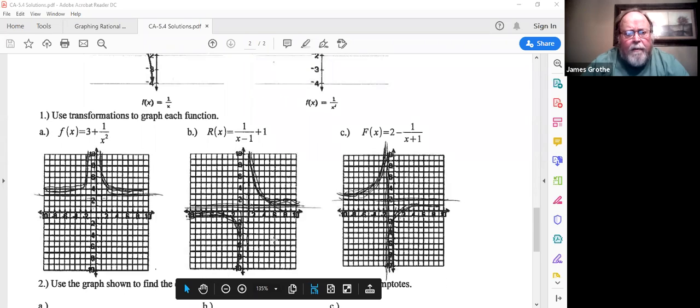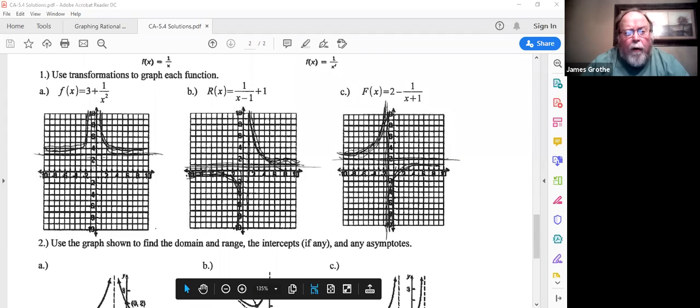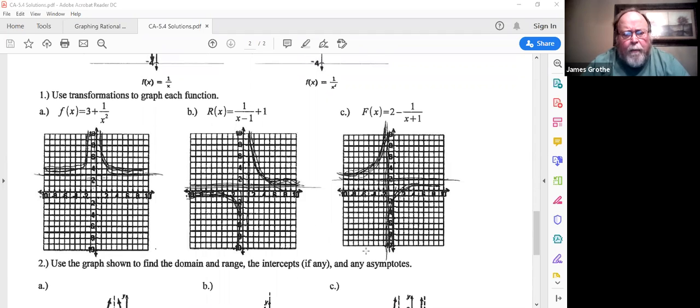The second function we have here, 1 over x minus 1, plus 1, has actually two transformations. The first one, forget the plus 1 for a minute, 1 over x minus 1. Recall that when the x is replaced by x minus 1, the x values actually all increase by 1, and the result is a shifting of the graph not to the left, but to the right 1 place.